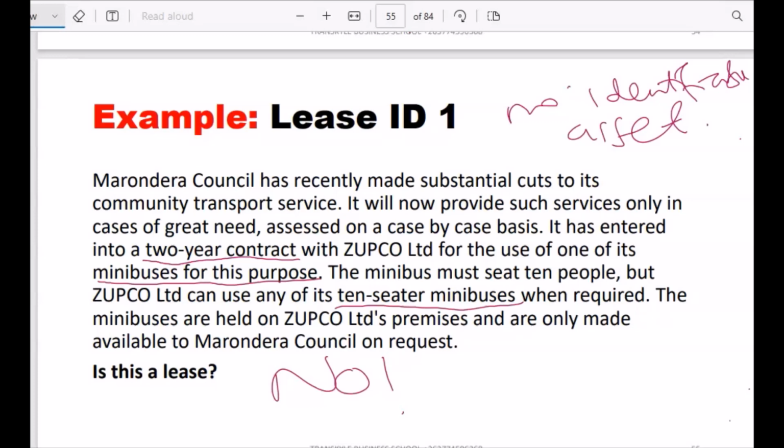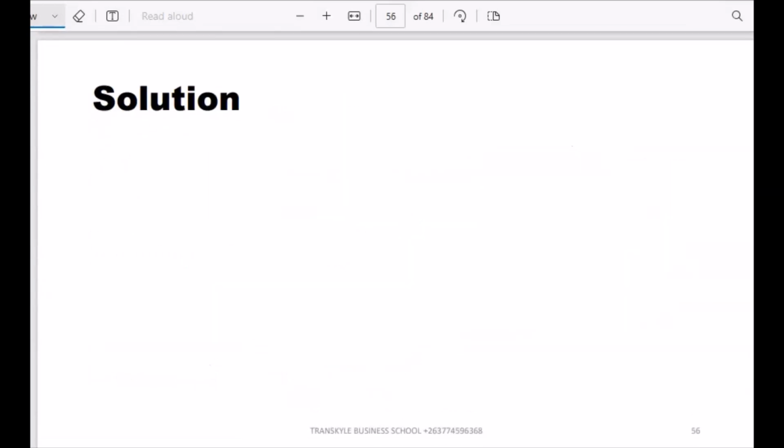In such a scenario, we can't say there is a contract of lease at play. Why? Because Marondera has no control over the use of the minibus, and the minibus related to the lease is not identified in this particular scenario.